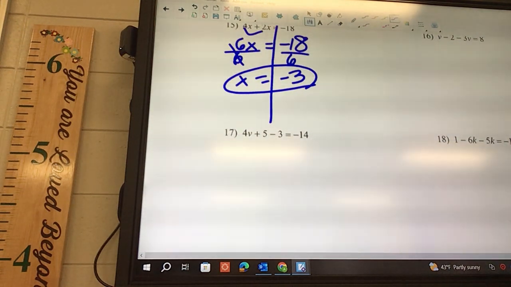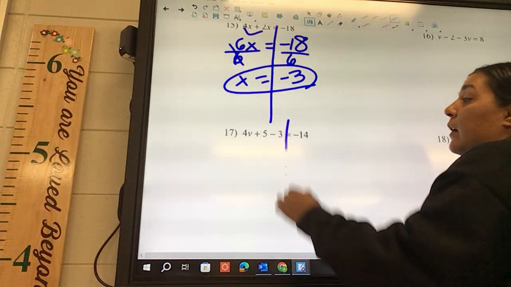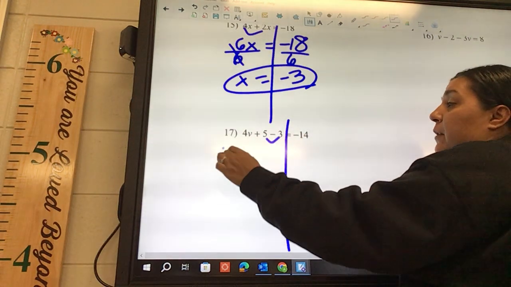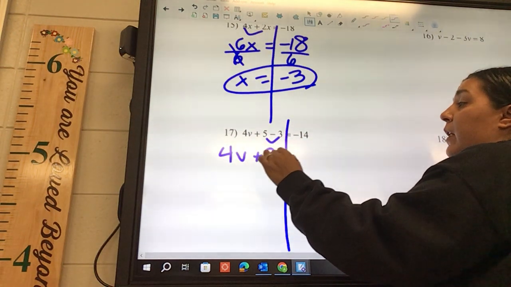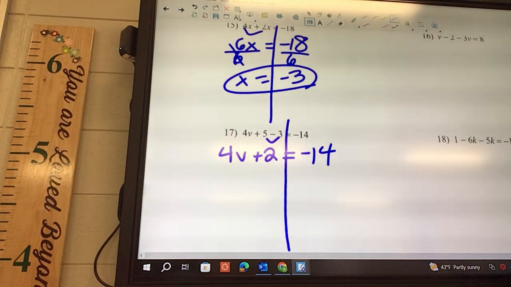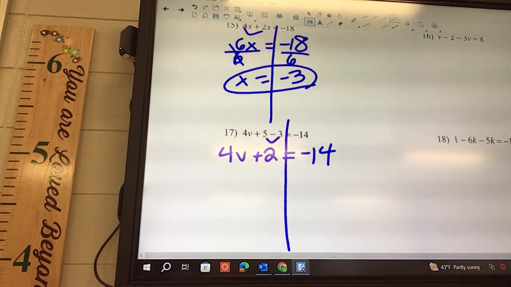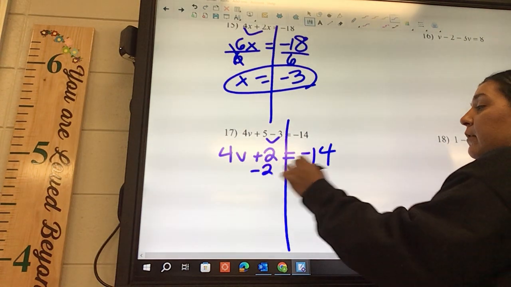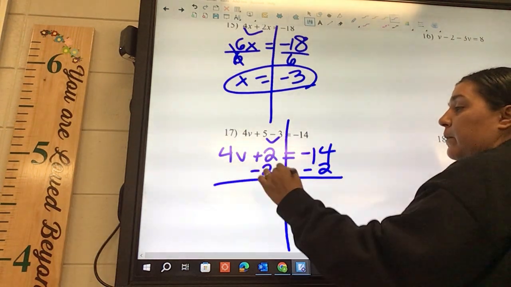Okay, 17. I can combine this 5 and 3, so I'm going to get 4v plus 2 equals -14. Okay, and I need to move the kid first, which is the 2, so we're going to say -2, -2.